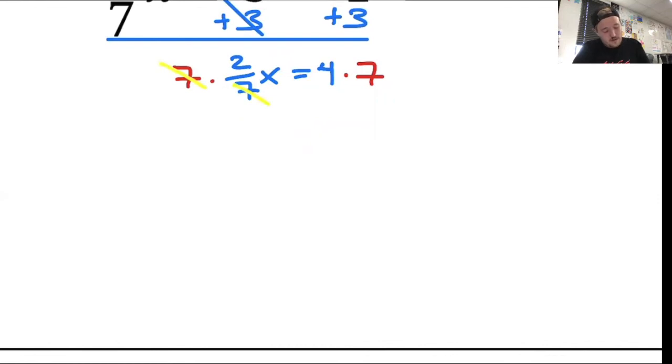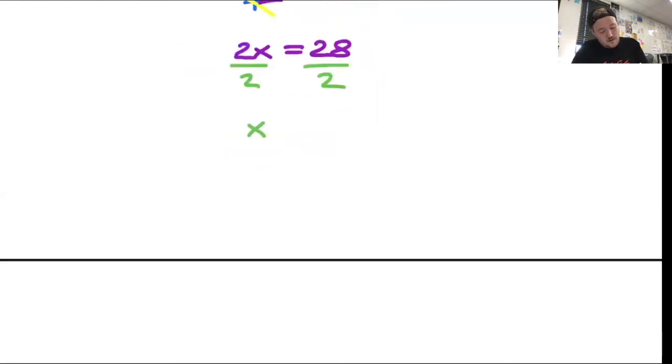What I'm left with is 2x, so the 2 from the numerator and the x, equals 4 times 7, which gives you 28. Now I'm doing 2 times x, and I need to divide. So I'm going to divide both sides by 2. You're going to have x equals 14.